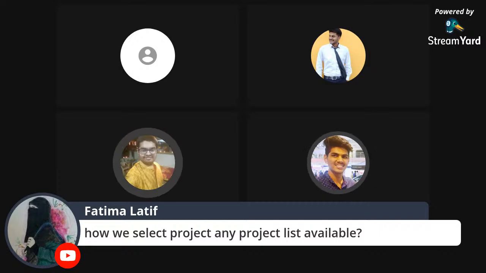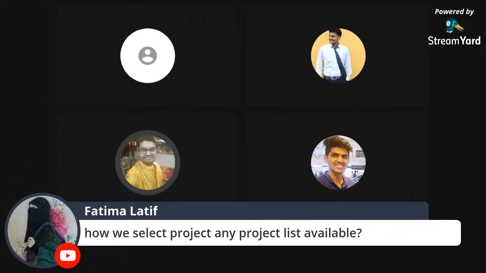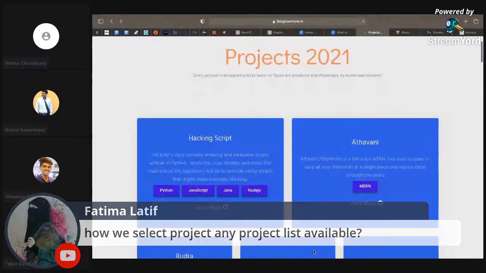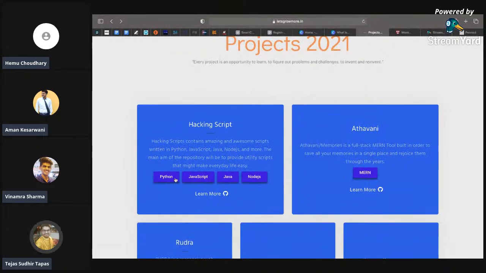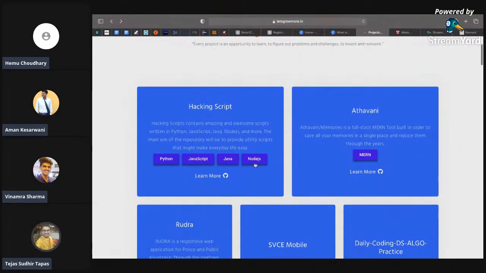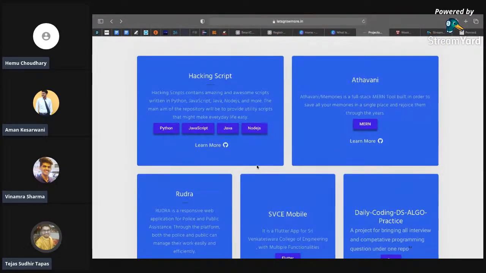Can I add something to it? Yeah, for sure, Tejas, that would be great. Regarding Fatima's question on the selection of projects: if you navigate to the main website as Vinamra guided, you can see all the projects, and each project has some tech stack associated with it. Like in the first project, we say Python, JavaScript, Java, Node.js. If you are familiar with any of the languages mentioned in the tech stack, then you can check the project repository and correspondingly check the issues.